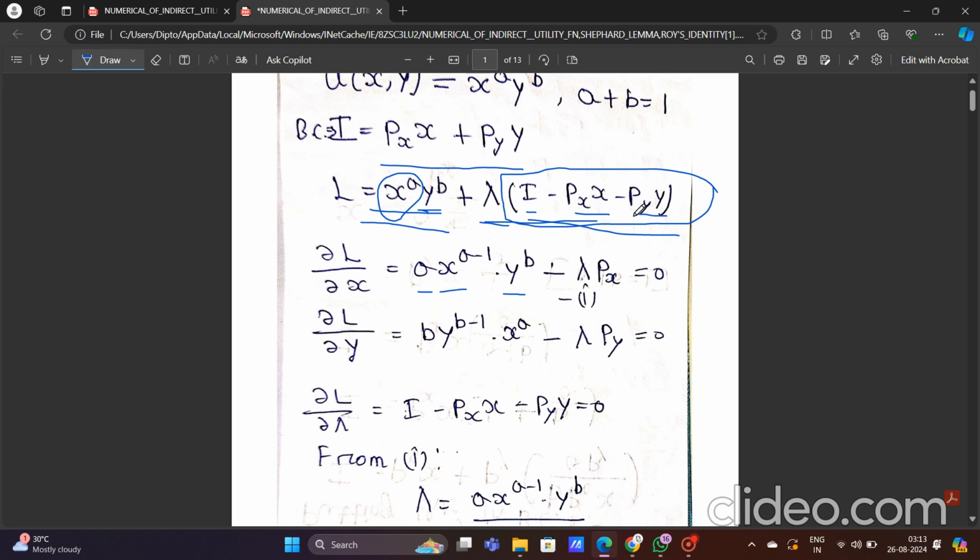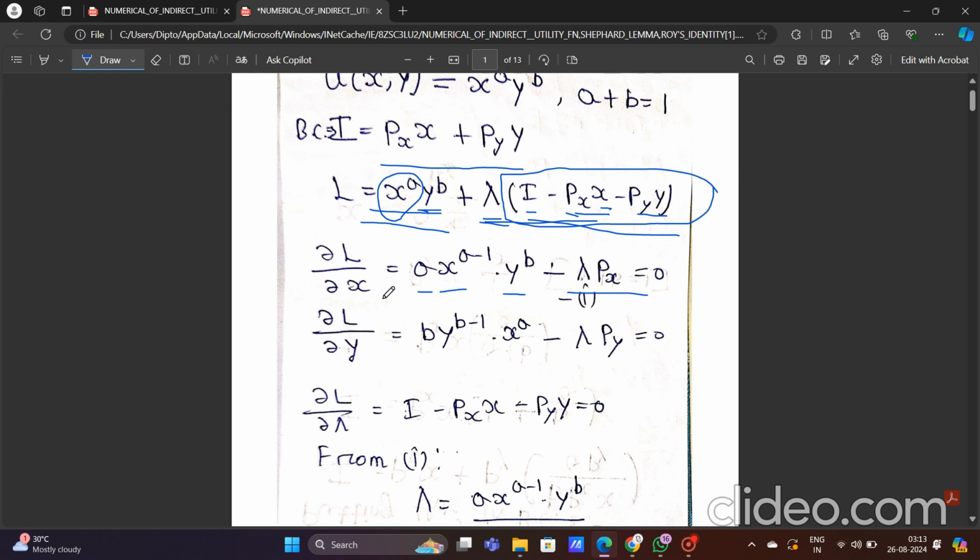So x will have the derivative of 1, and px and lambda will be treated as constant, so we will have minus lambda px. We take this as the first order condition, equals 0.